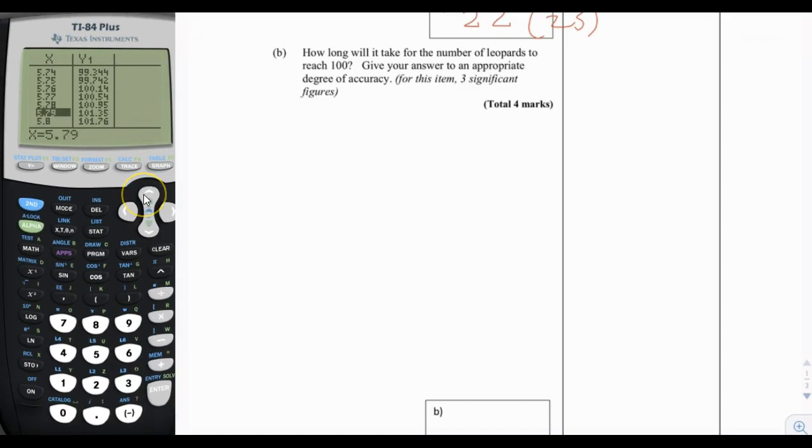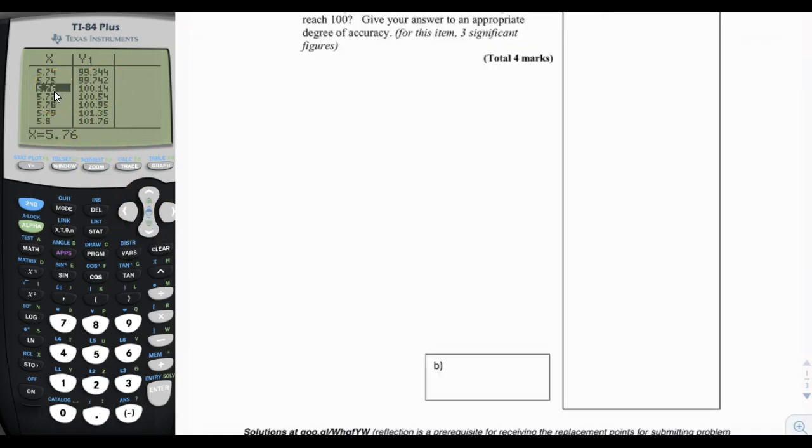So, looks like it's going to be between this one and this one. 100.14 is closer to 100 than 99.7. So let's say it's this one. So it's 5.76 years.